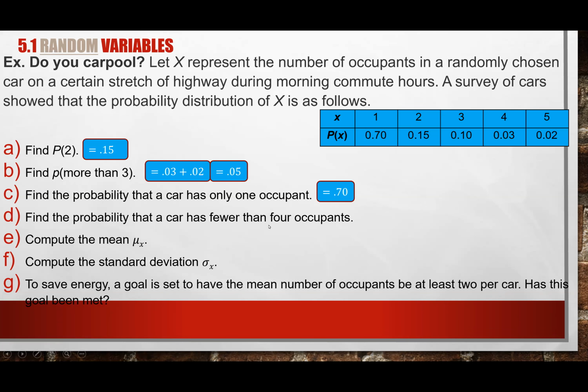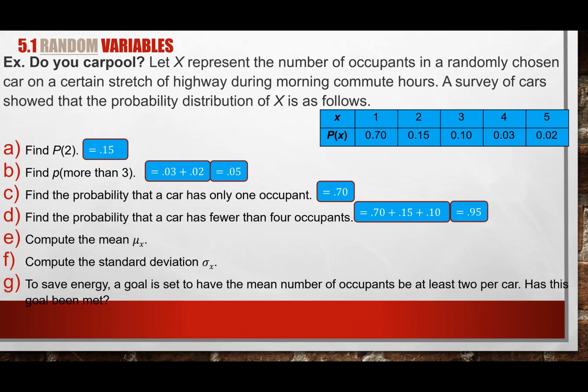And similarly, find the probability of a car that has fewer than 4 occupants. Fewer than 4 means we do not include 4; we include the 3, the 2, and the 1 person. There's no car with 0 people because it does not drive. So we just take 0.7 plus 0.15 plus 0.10. If you add them together, that's 95%.